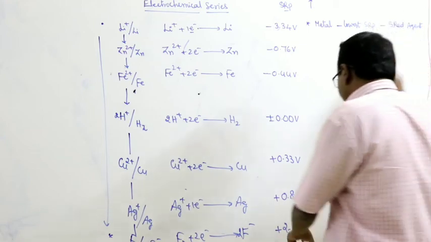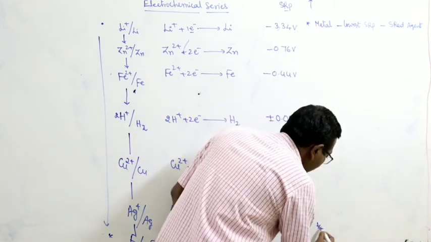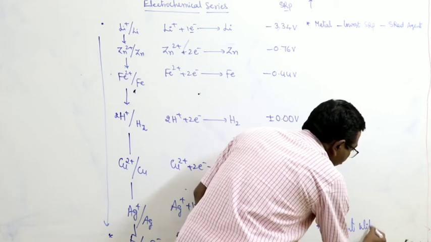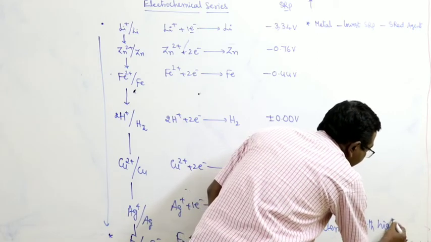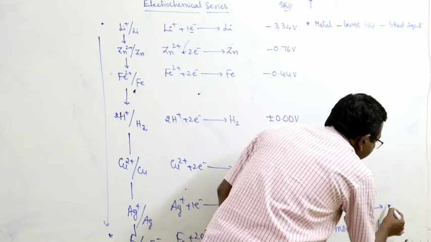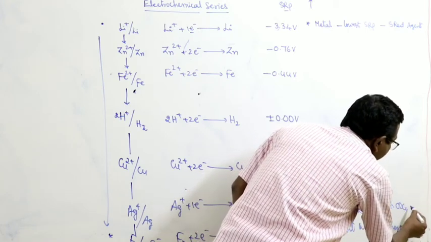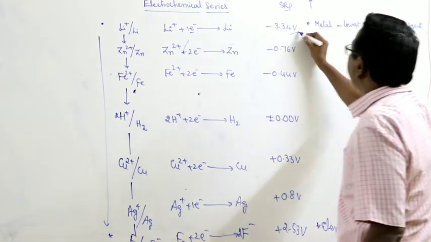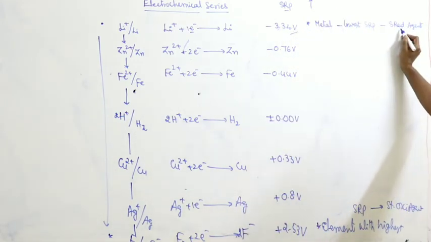Okay. And in the same way, the element with the highest SRP acts as the strongest oxidizing agent. With the lowest SRP, strongest reducing agent.